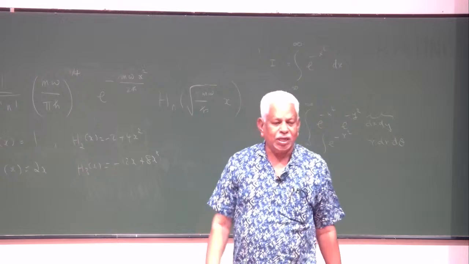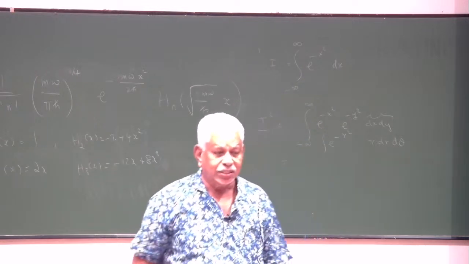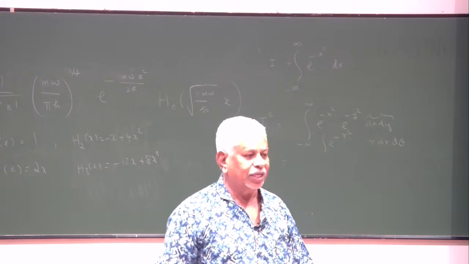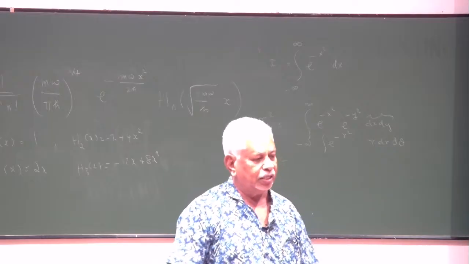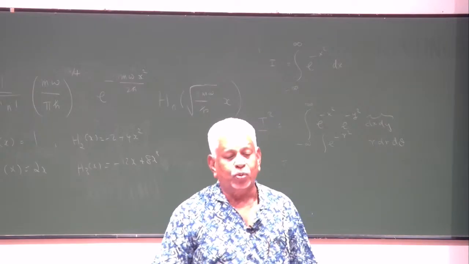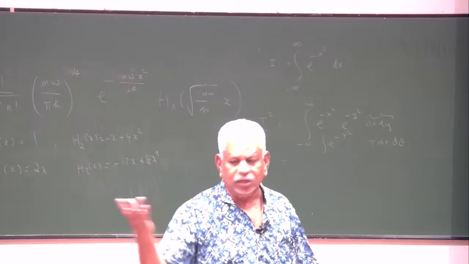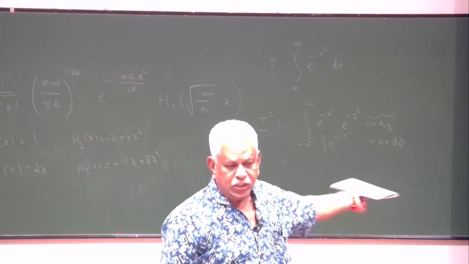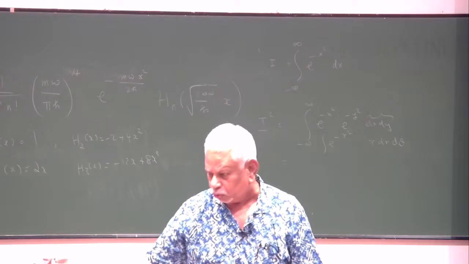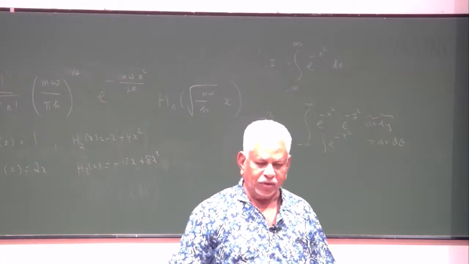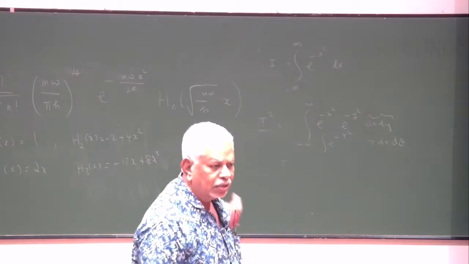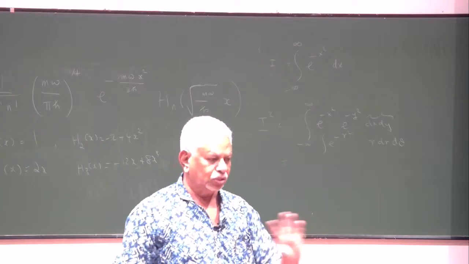So, e power minus r square r dr is easy to work out, because you can say r square is t and then it is only integrating e power minus t from 0 to infinity. And d theta will give you the 2 pi factor. Since it is I square, it will turn out to be a square root answer. So, this is the way in which all other things here with Hn are very easy to work out.